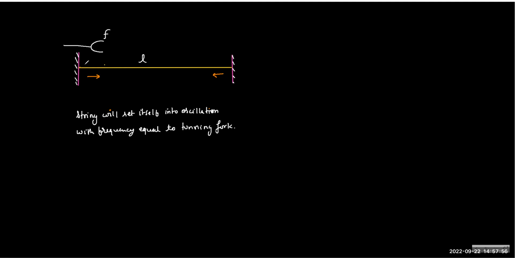In the simplest mode of vibration, called the fundamental mode, the string will go up slowly, come to rest, and then go down after crossing the mean position.